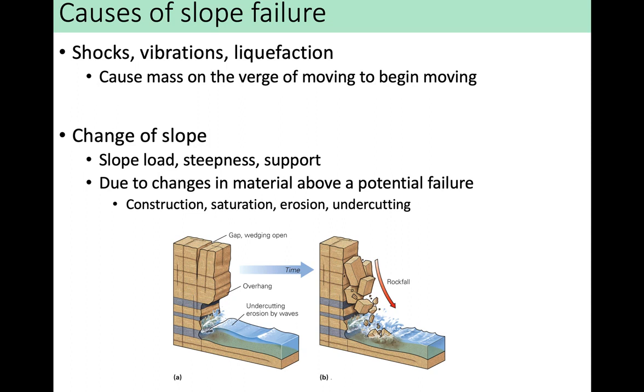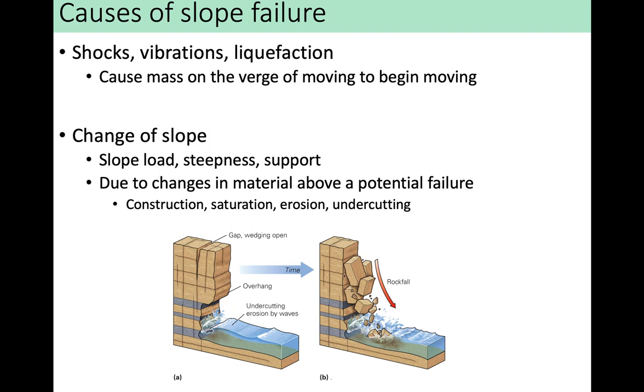So the most common are a change of slope. So if something about the slope changes, all of a sudden the slope gets steeper, or something on the slope gets heavier, that's going to cause the mass movement. So water, often if there's a lot of water added to the top, that's going to get very, very heavy. That's going to allow the material to slide downhill.